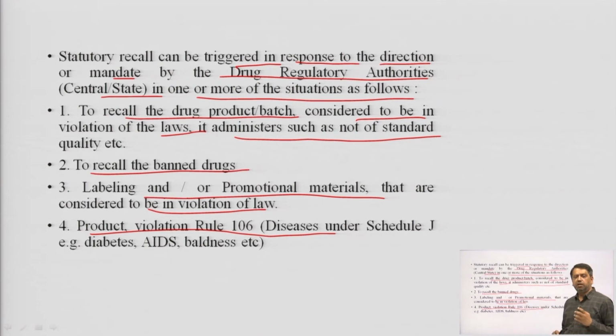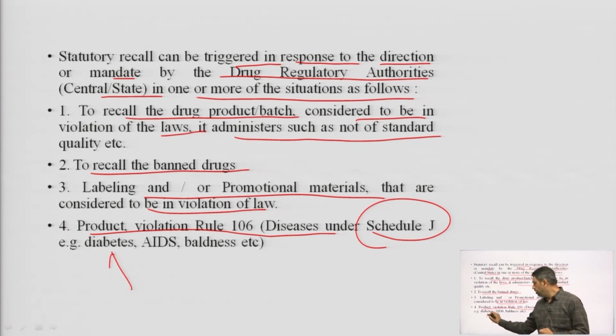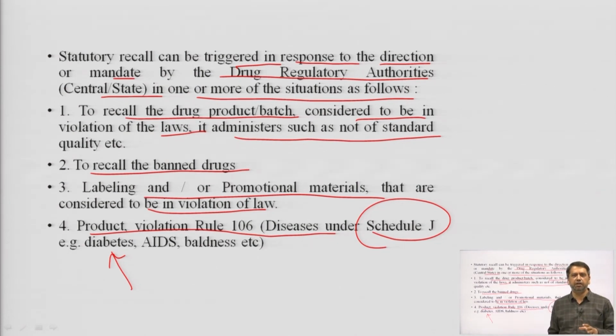There are some diseases classified under schedule J, which can be controlled but cannot be cured. For example, diabetes. Suppose any manufacturer is claiming on their label that the product may cure diabetes, AIDS or baldness, etc. That means this is false information, and in those cases also the manufacturer can be asked by the drug control authority to withdraw their product.